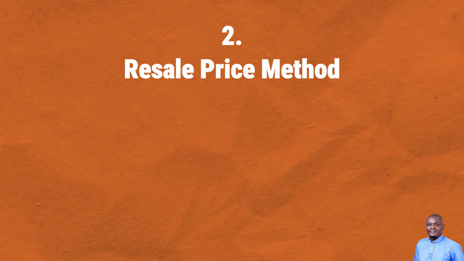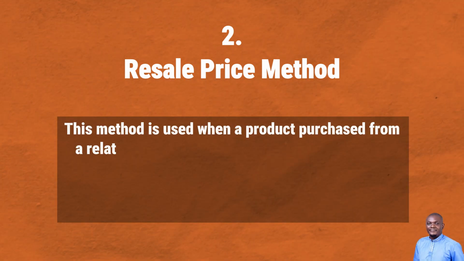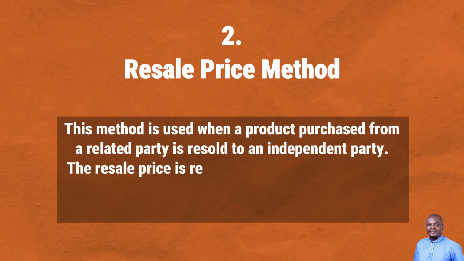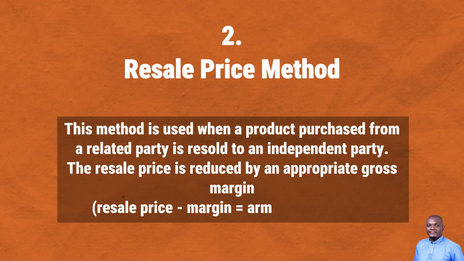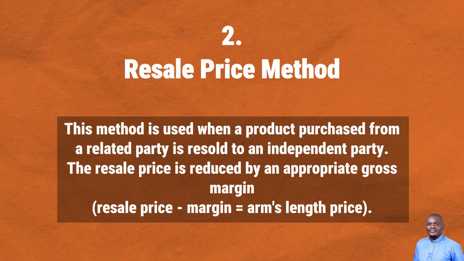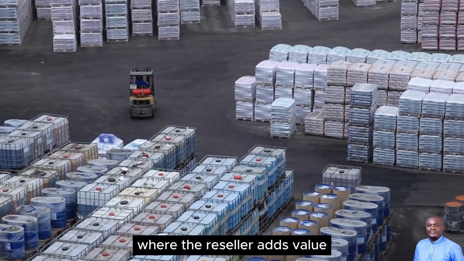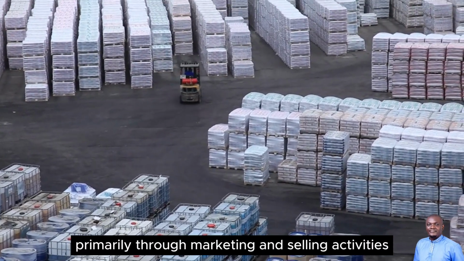Resale price method. This method is used when a product purchased from a related party is resold to an independent party. The resale price is reduced by an appropriate gross margin. Resale price minus margin equals arm's length price. Application. Suitable for distribution companies where the reseller adds value primarily through marketing and selling activities.